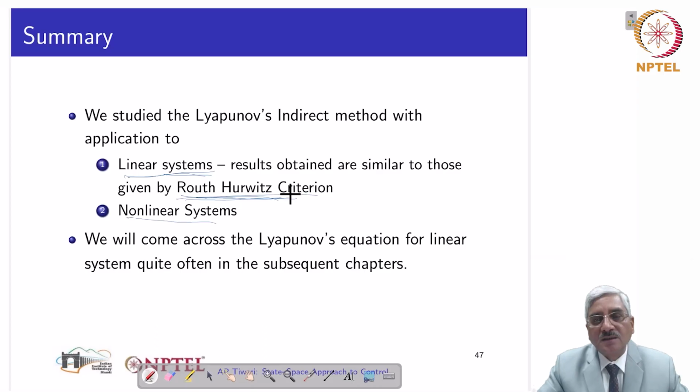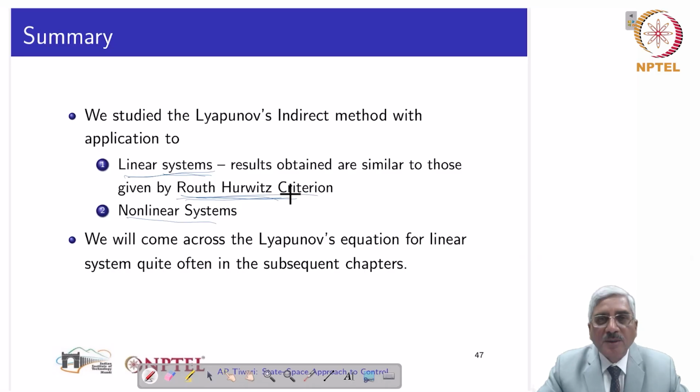From these 3 lectures, of course, one was on mathematical concepts essential to learn the Lyapunov's stability analysis. Other one was the Lyapunov's direct approach. Before that, the definitions, etc. And in this one, the Lyapunov's indirect approach.